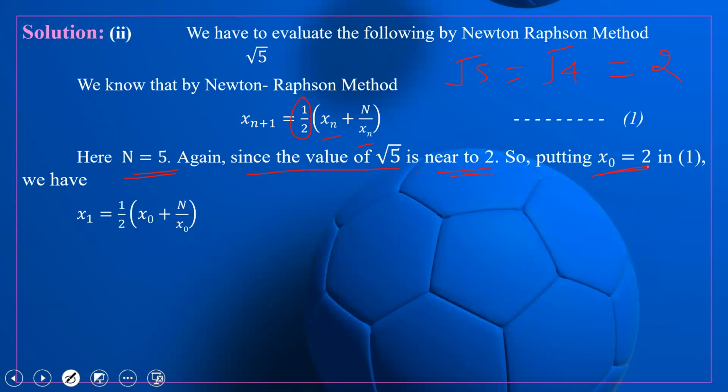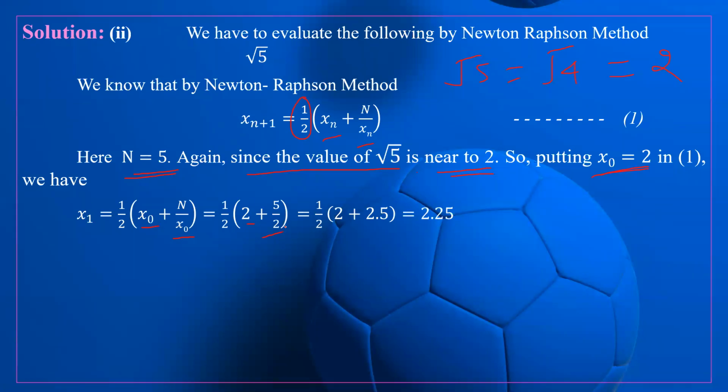Then x1 is equal to 1 upon 2 times (x0 plus n upon x0), so 2 plus 5 by 2, that is 2 plus 2.5, and we get 2.25.